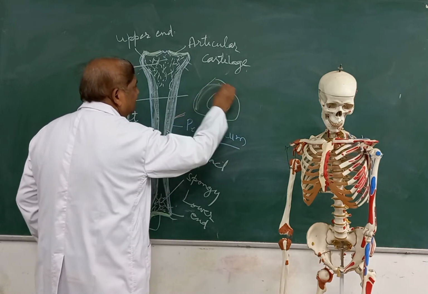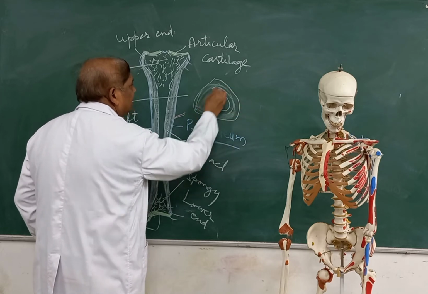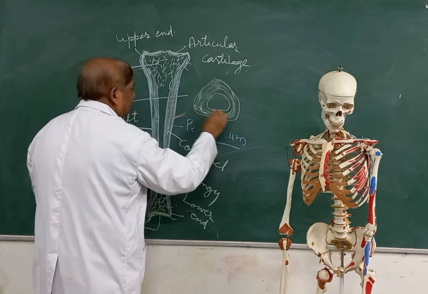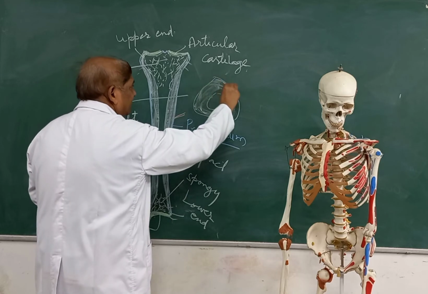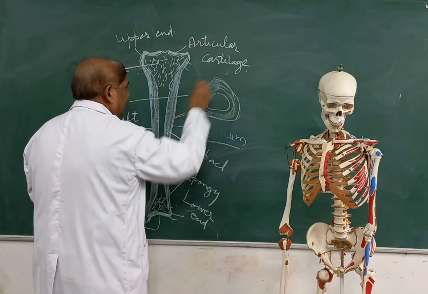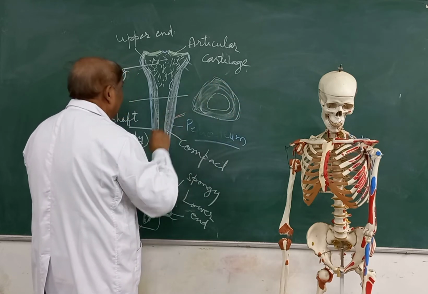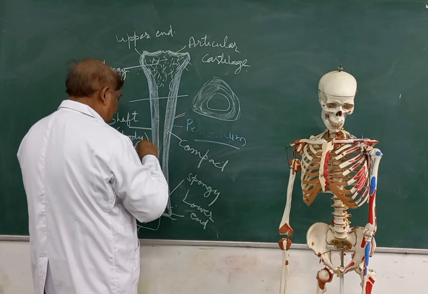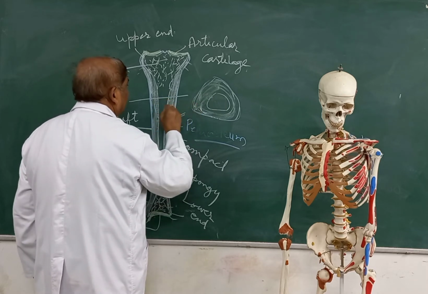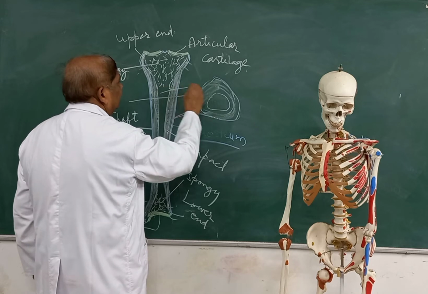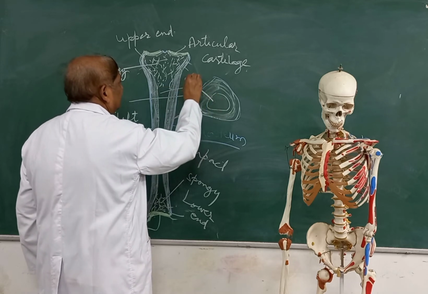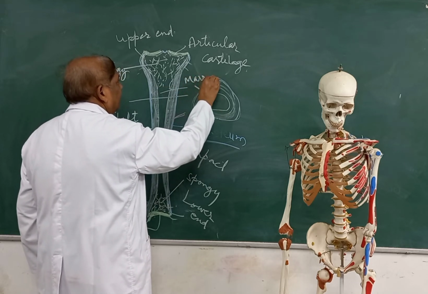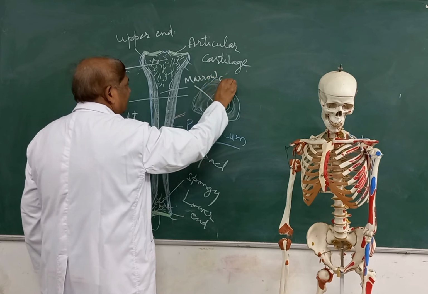This whole thing is the compact bone at this level, surrounded by the periosteum membrane, and inside is the cavity, which is called the marrow cavity, in both longitudinal and transverse sections.